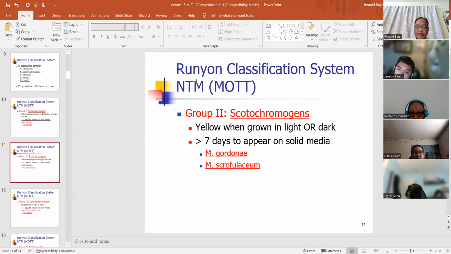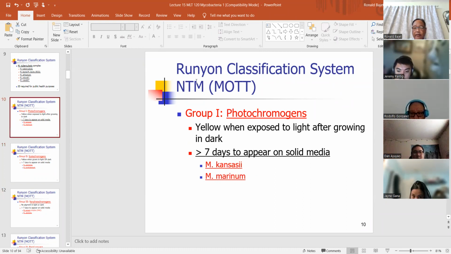The next group is the scotochromogens. In this group, it'll turn yellow regardless of whether it's in the light or dark. It's already yellow when you put it in the incubator. With the photochromogens, it's in the dark but not yet yellow; open the door, it turns yellow.